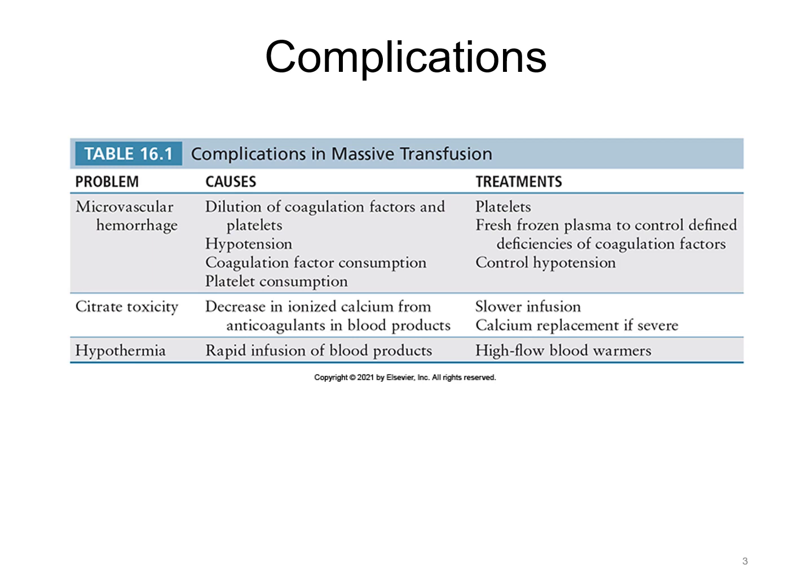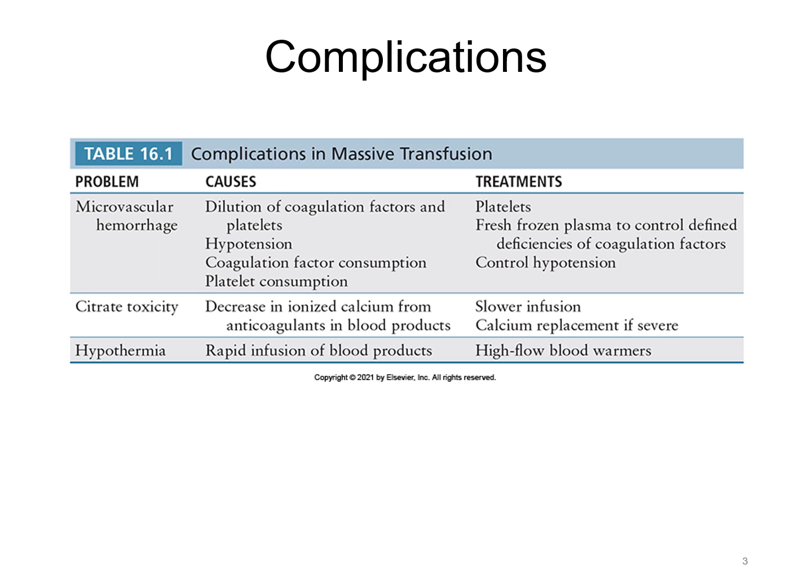The patient can also experience hypothermia. When you're infusing a lot of these products, you have to remember they're coming straight from the blood bank. They're stored on ice, or in refrigerated coolers, so the blood product infusing into that patient is somewhere between 4 degrees Celsius and 10 degrees Celsius.